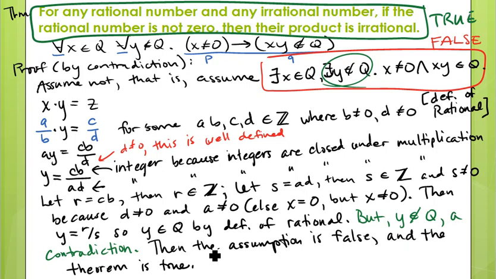And of course, showing that the theorem is true is what we were trying to do, so we say QED, and that's an acronym for a Latin phrase that means which is what was to be shown, because that's what we were trying to show. And that completes the proof.